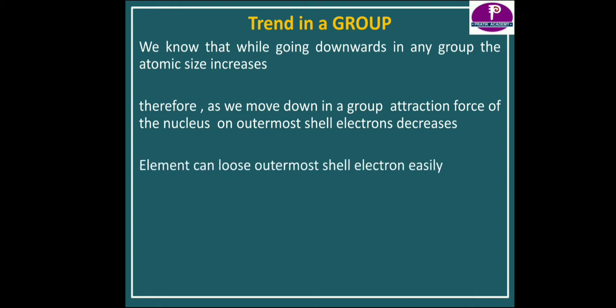Therefore as the attraction force on the electron is decreasing, this electron can be easily removed. That means the element can lose this outermost shell electron easily, but at the same time it requires great effort to gain any outside electron. That means here when we go from top to bottom, the tendency of an atom to lose electrons increases and to gain electrons decreases.